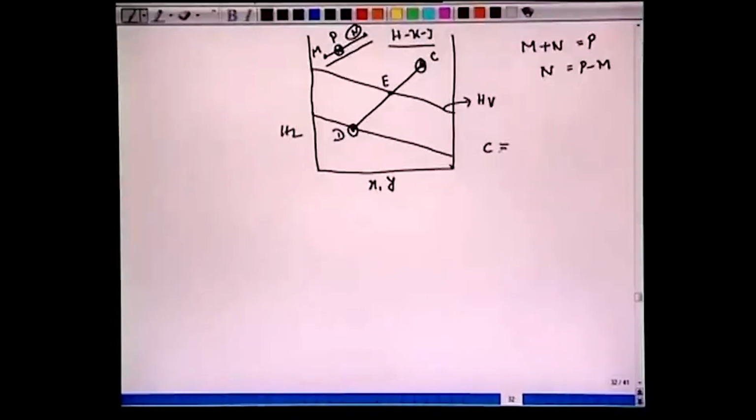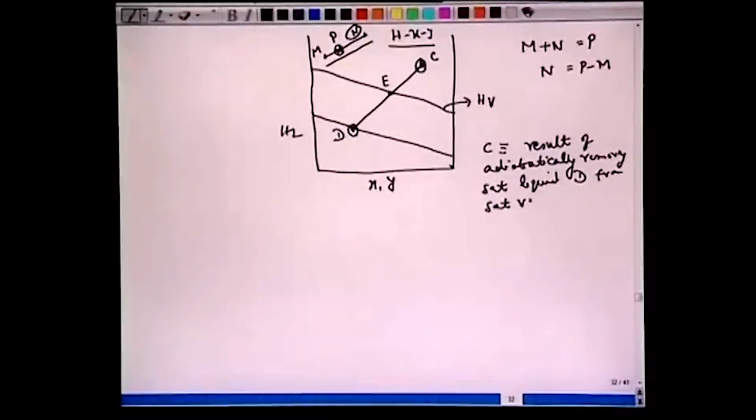So let's write down here that C is a result of adiabatically removing saturated liquid D from saturated vapor E, and also make a note that this DE is not a tie line. All right. So this is also very important, that this DE is not necessarily the tie line.